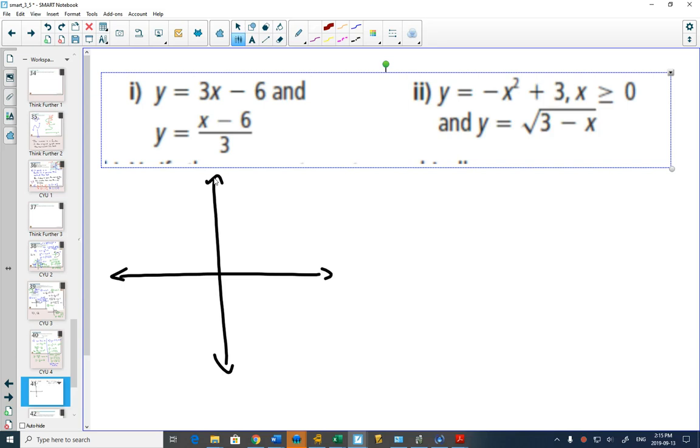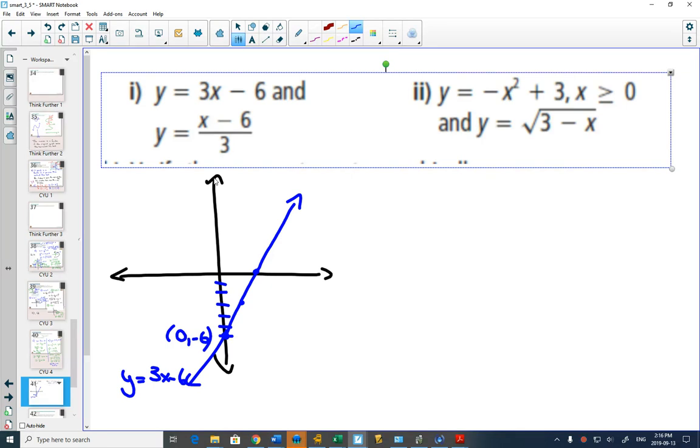Y equals 3x minus 6. That's a line with a y-intercept at minus 6 and a slope of 3, so I can go up 3 over 1, up 3 over 1. This would be the graph of y equals 3x minus 6.